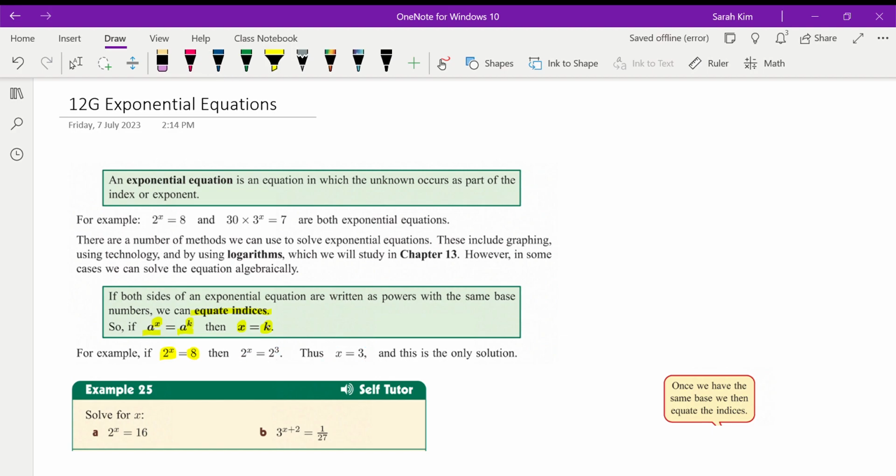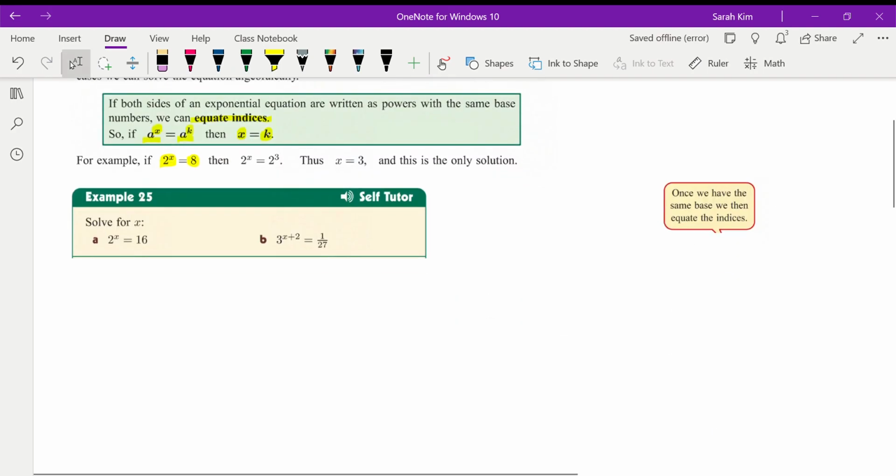So that's what we're going to be doing, and I'll show you. For example, let's do 25a. We have 2 to the power of x equals 16. Now we can't solve it yet because the base is not the same. We have to make the base the same. So we need to figure out how to write 16 as a base of 2.